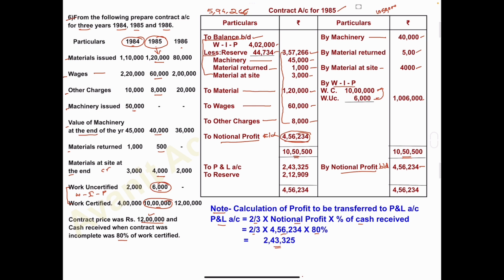Okay, this amount is transferred to profit and loss account, 2,43,325, and remaining balance to reserve, that is 2,12,909, and total of these two 4,56,234, and same on the credit side.